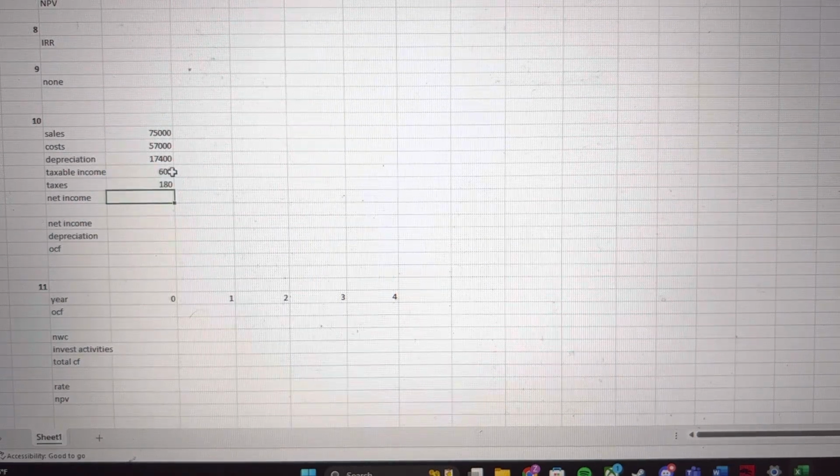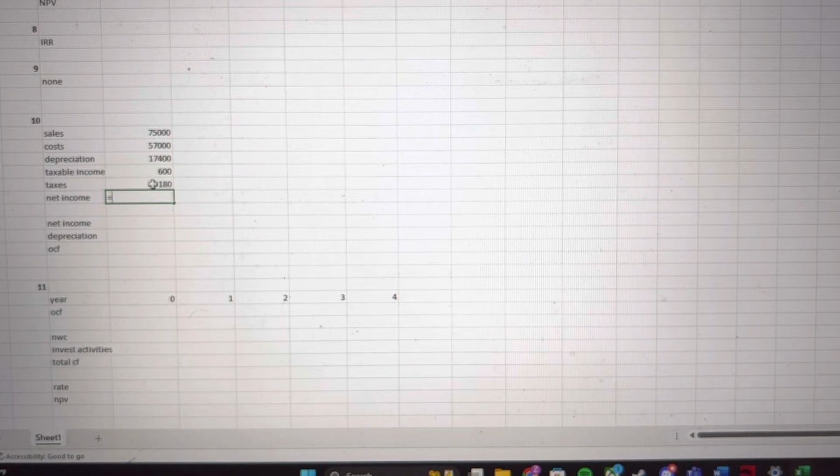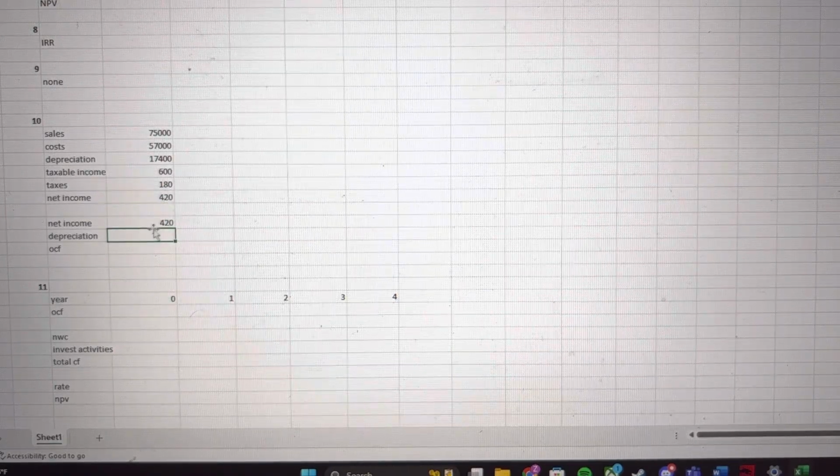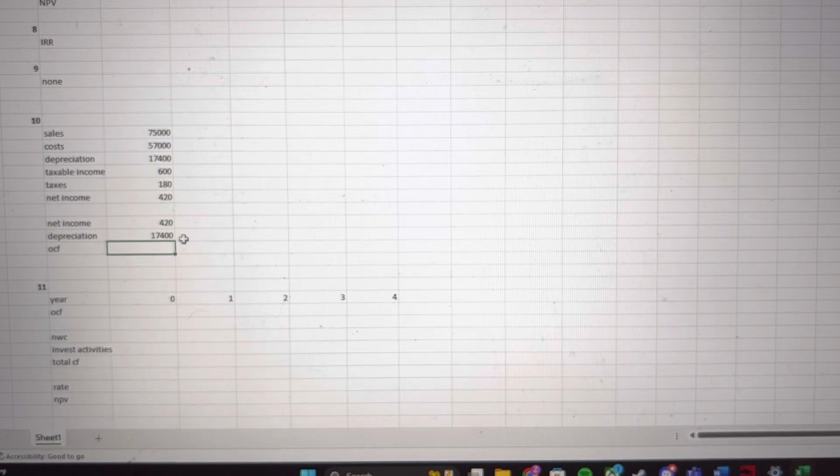And the tax is taxable income times the 30% tax. And finally, net income is taxable income minus tax. So bring net income down as well as depreciation. And the OCF is the sum of both of them to get us a value of $17,820.